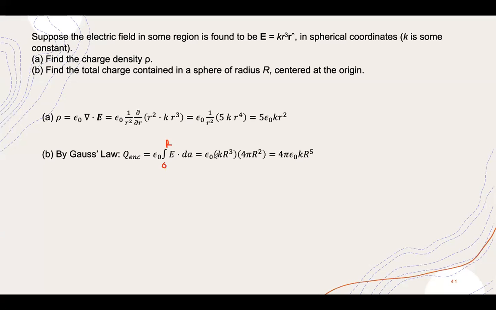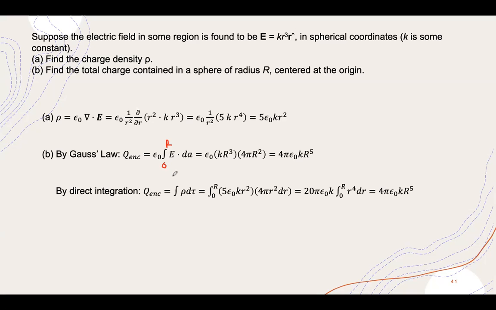It is going to be simply kr cube times 4 pi r square, and then r cube and r square is going to give you r to the 5, and then 4 pi epsilon naught is there. So this is one way of doing things.